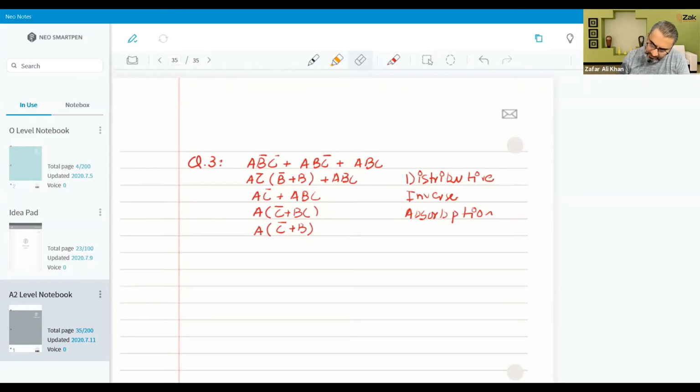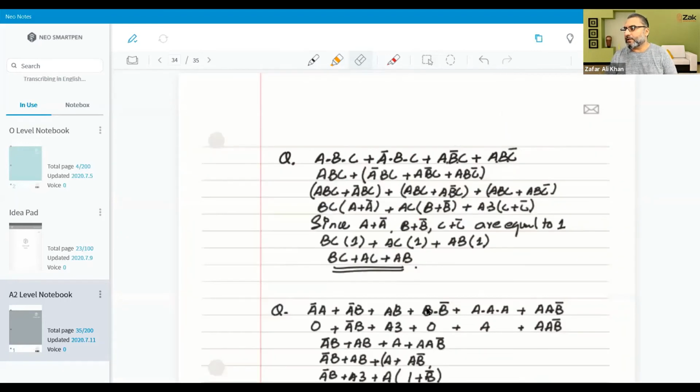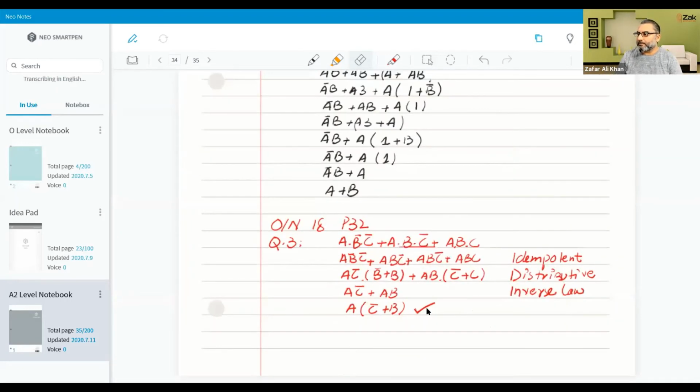All right. So answer is same. If you see over here with the application of 3 laws, and if you see over here with the application of again 3 different laws, they both are the same, but obviously I have applied different laws.